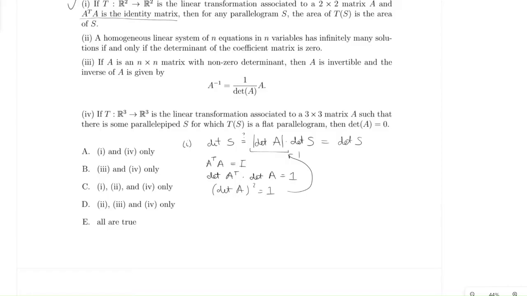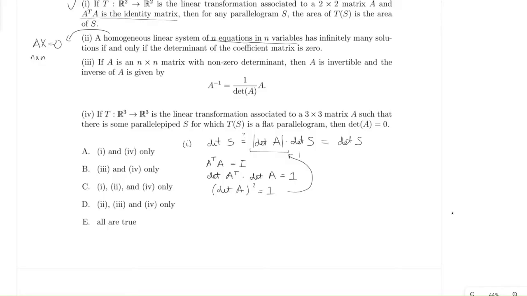Now for statement 2, we have that the homogeneous system, which means that we have something like Ax equals 0, which is a system of n equations and n variables. So this information tells us that this A will be an n by n matrix. And it has infinitely many solutions if and only if the determinant of the coefficient matrix is 0.